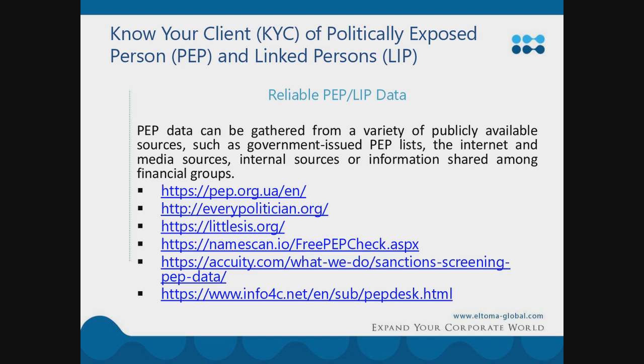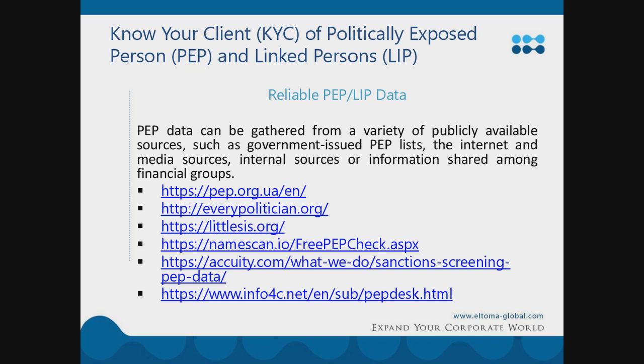So where may you find reliable data about linked persons and politically exposed persons? Such data may be found from publicly available sources such as government-issued lists, the internet, and media sources. Just type the name and surname.